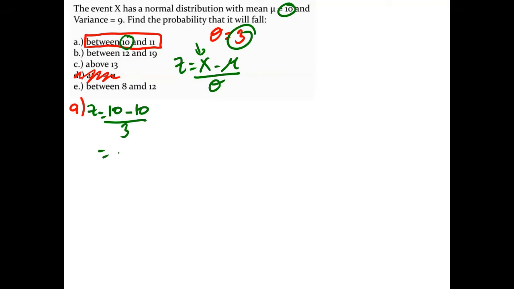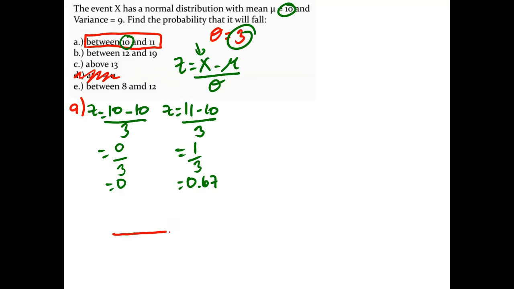Okay, so 10 minus 10 is 0 over 3, which is 0. So Z is equal to 11 naman tayo. 11 minus 10 over 3, which is 1 over 3, or 2 decimal places, 0.67. Okay, so gagawa ulit tayo ng normal curve.